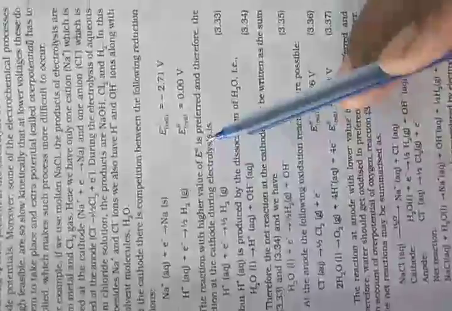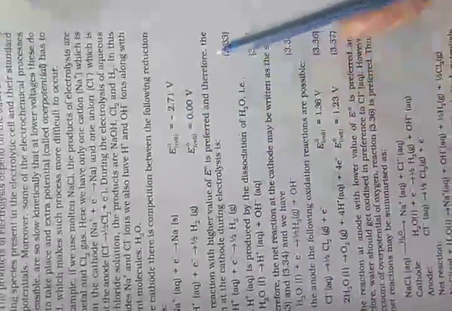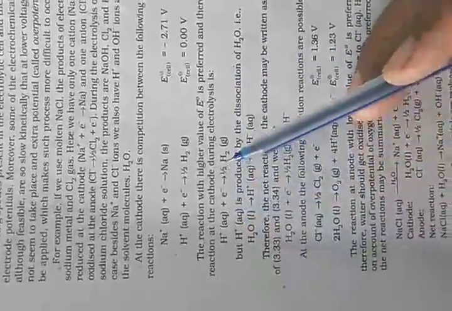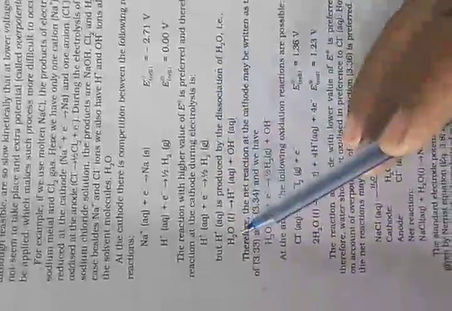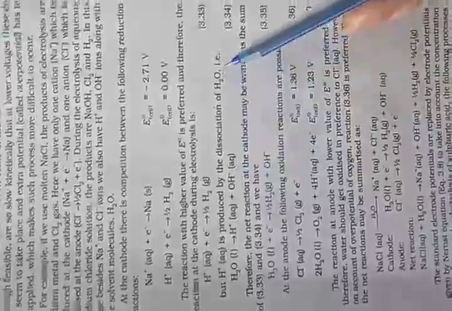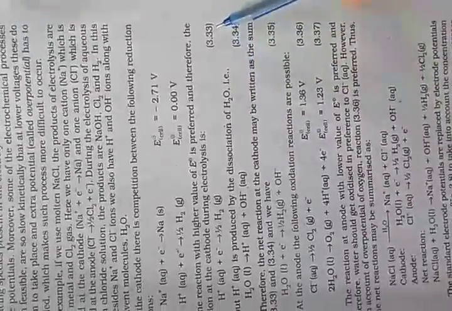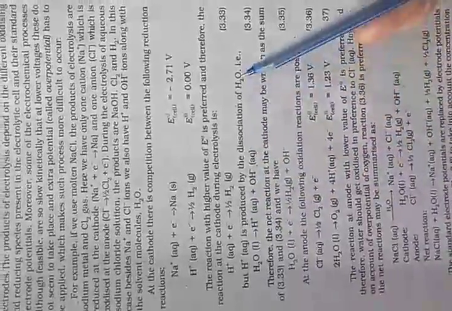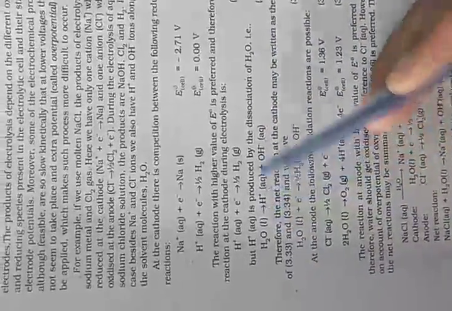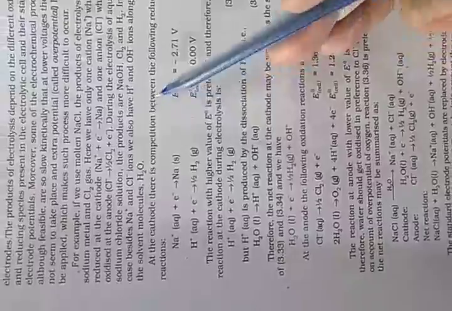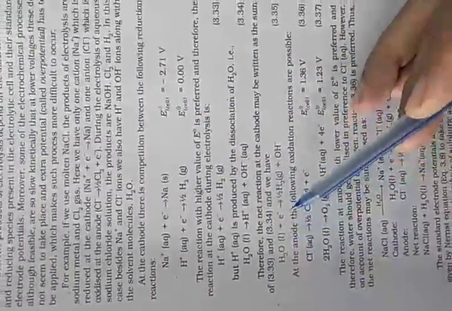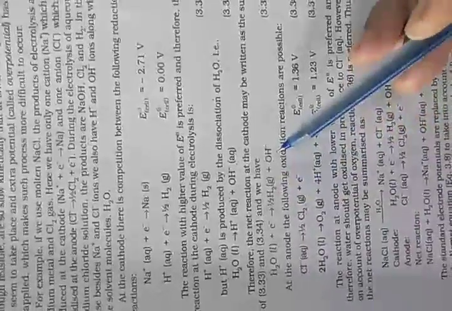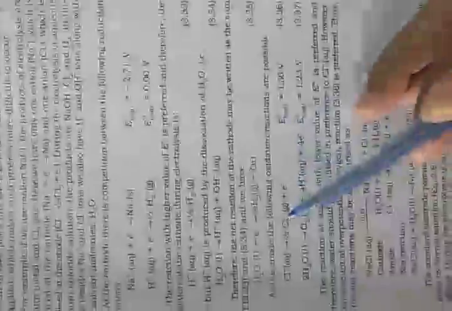The reaction with a higher value of E0 is preferred, and therefore the reaction at the cathode during electrolysis is H+ to H2 gas, equation 3.33. But H+ is produced by the dissociation of H2O, because we are using aqueous NaCl. So H2O plus an electron gives 1/2 H2 gas plus OH-. This reaction is 3.35.